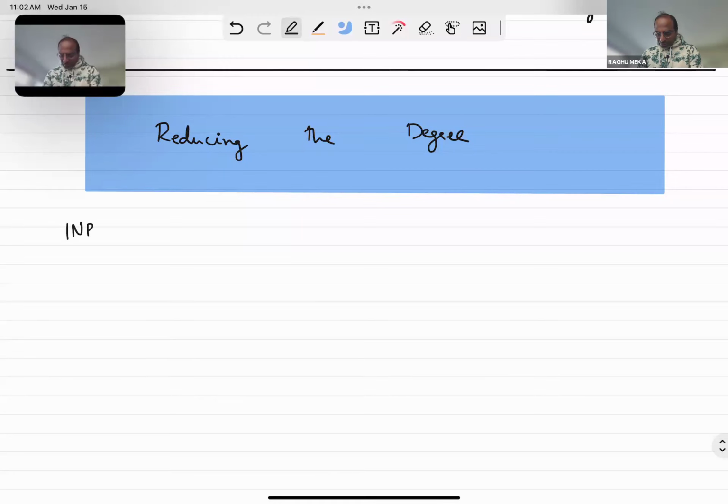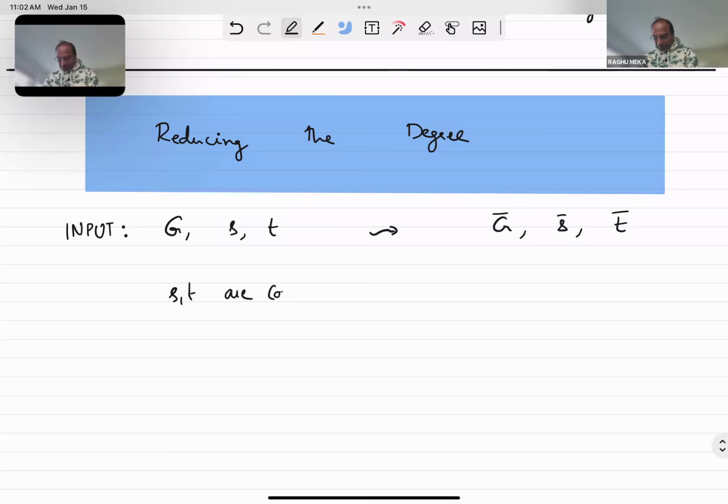Okay. So suppose we are given a graph G and S comma T, the source and target. I'm going to give a new graph G bar, S bar, and T bar, like a new source vertex and new target vertex, such that S comma T are connected in G if and only if S bar comma T bar are connected in G bar.